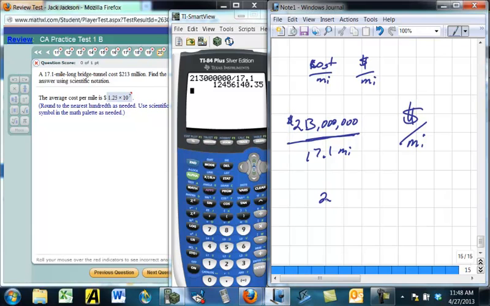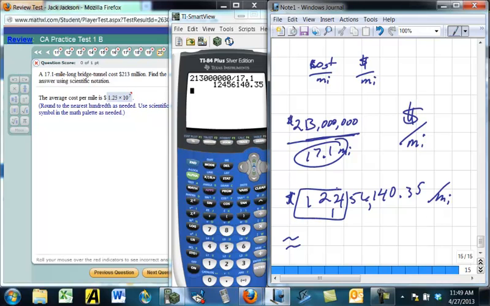So 12,456,140.35 dollars per mile, or approximately, well, notice that this was 3 digits, so they should probably round this off to 3 digits here. 1.25, and then count the decimal places. 3, 6, 8.